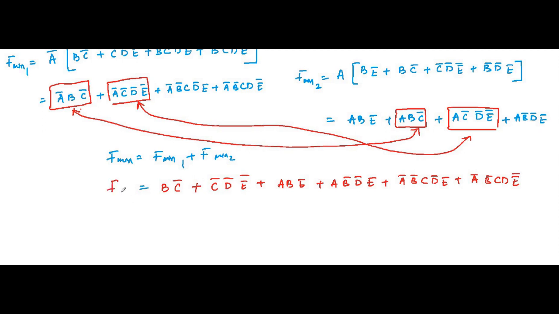This is the final minimized Boolean expression: B C bar, or A B E, or C bar D bar E bar, or A B bar D bar E, then A bar B bar C D E bar, and A bar B bar C D bar E.